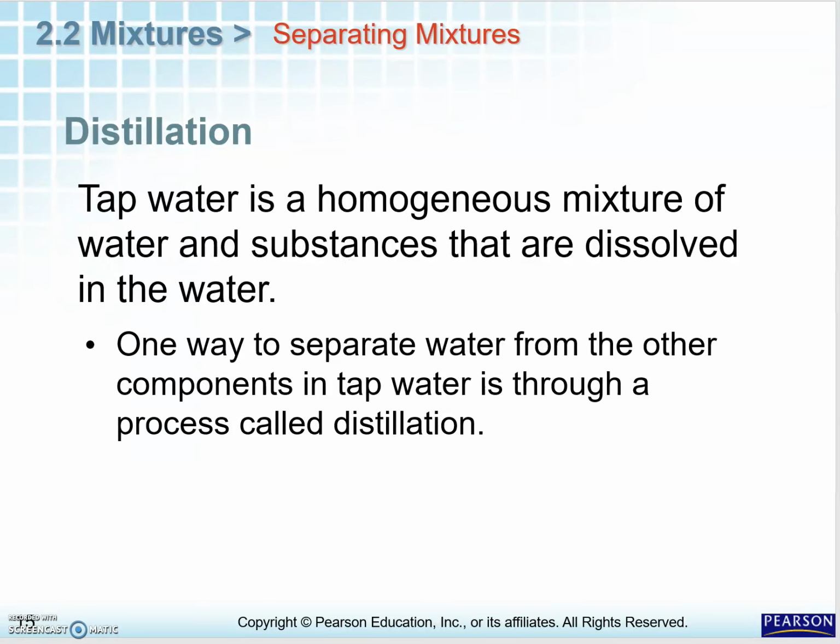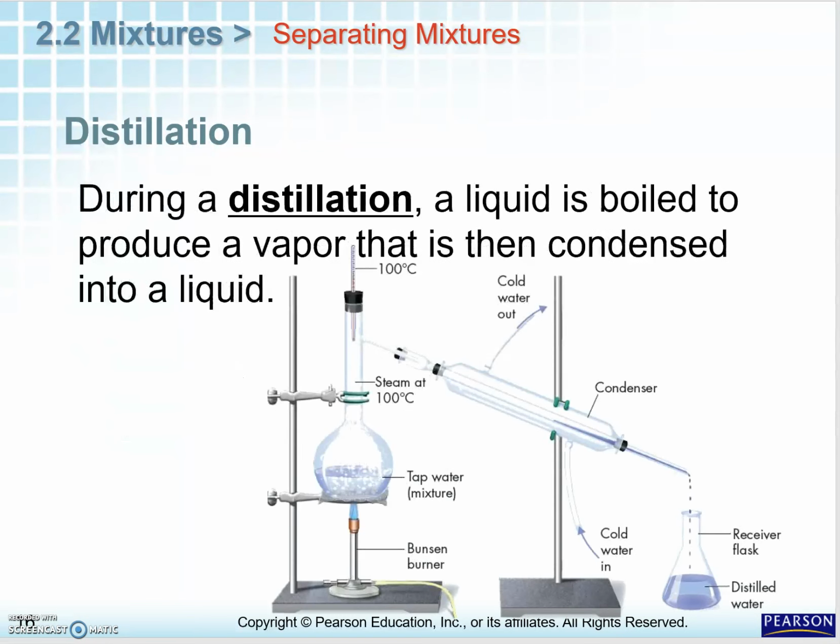So there's also something called distillation. Distillation is a way to separate different mixtures of liquids that are dissolved in water. So one way to separate water from other components, let's say in tap water, is through something called distillation.